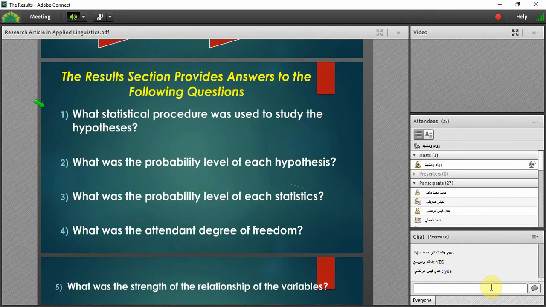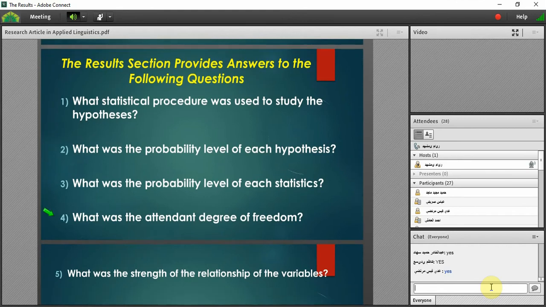You should also tell about the probability level of each hypothesis, whether the hypothesis is likely to be true or not, the probability level of each statistic. These are more of a testing class, not mine, but I'm telling you. You should also tell about the degree of freedom.